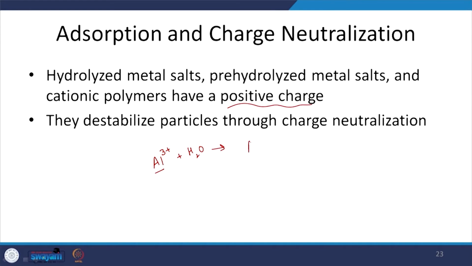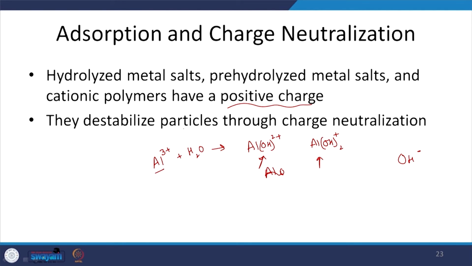So it can be AlOH2+, Al(OH)2+, typically Al3+, but OH- has a negative charge. So these typically have a positive charge. These are the various complexes that we are talking about.